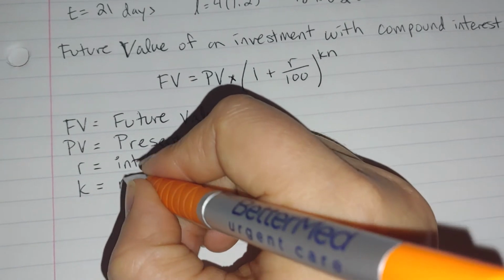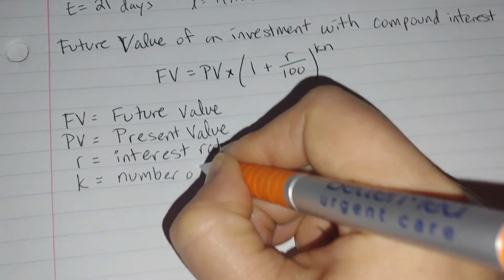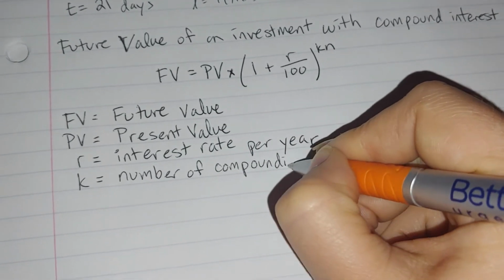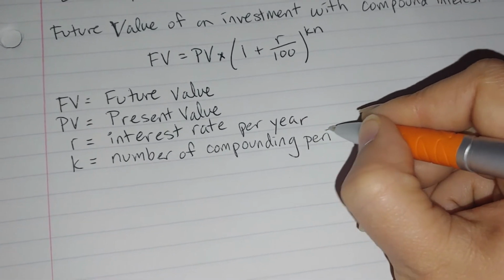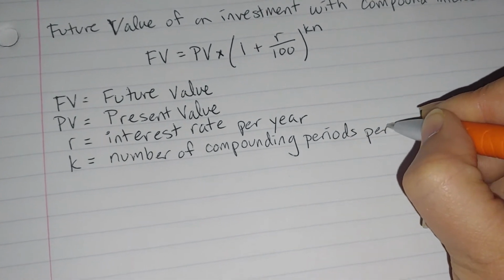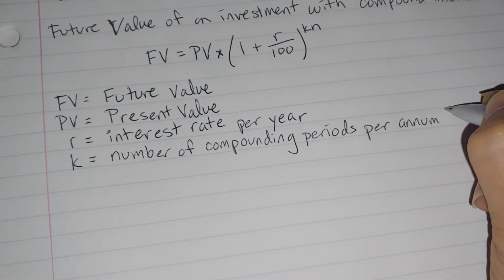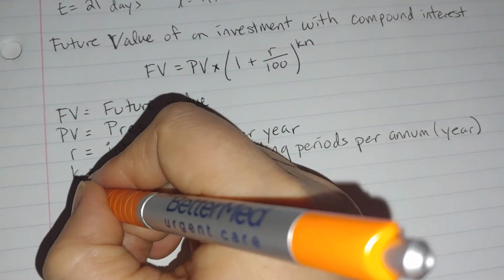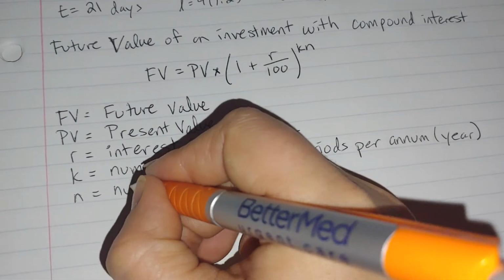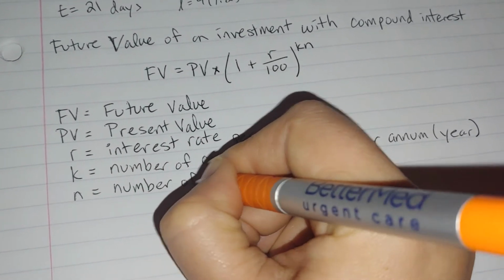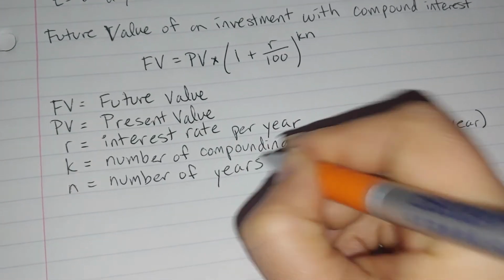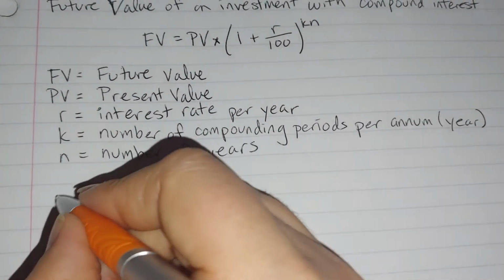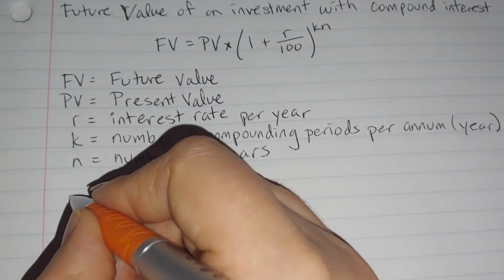K is the number of compounding periods per annum, or per year. And then N is the number of years.